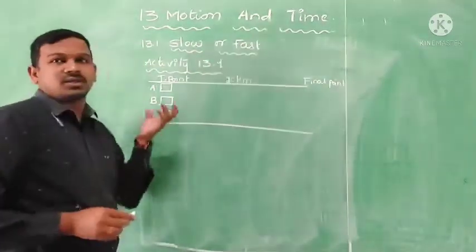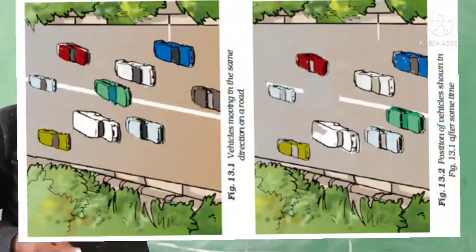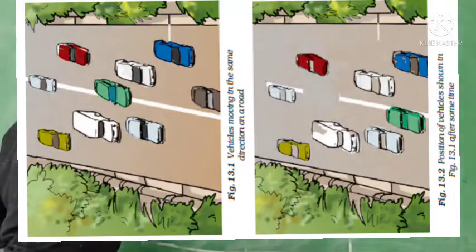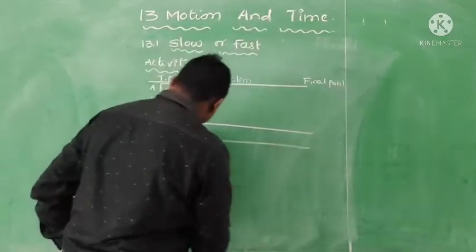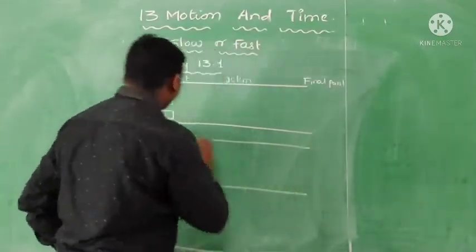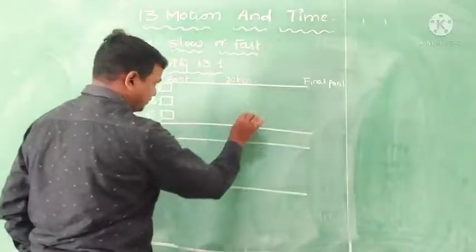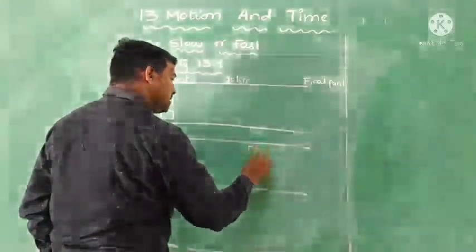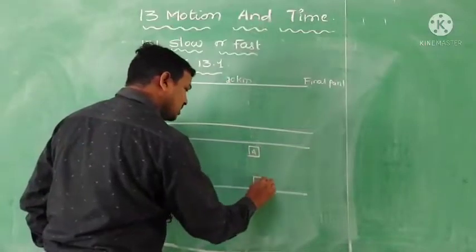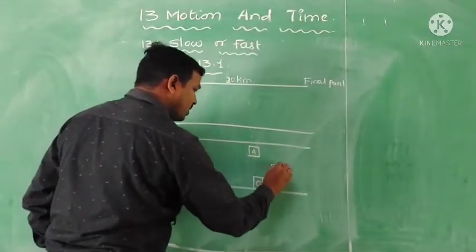The three cars started at the same time. After half an hour, on the same road, the three cars are at these positions. If you observe, after 30 minutes, car A is here, car C is here, car B is here.